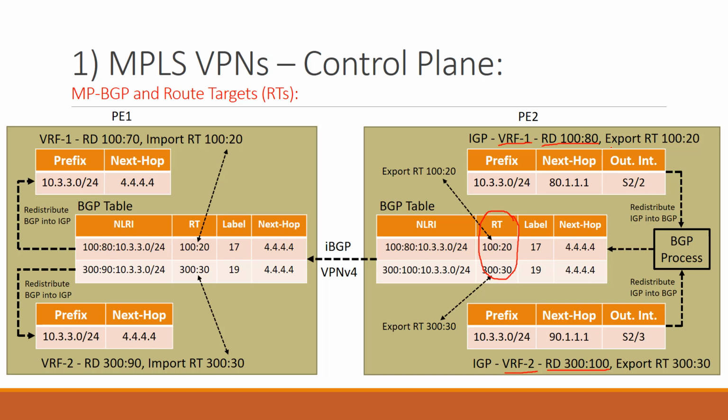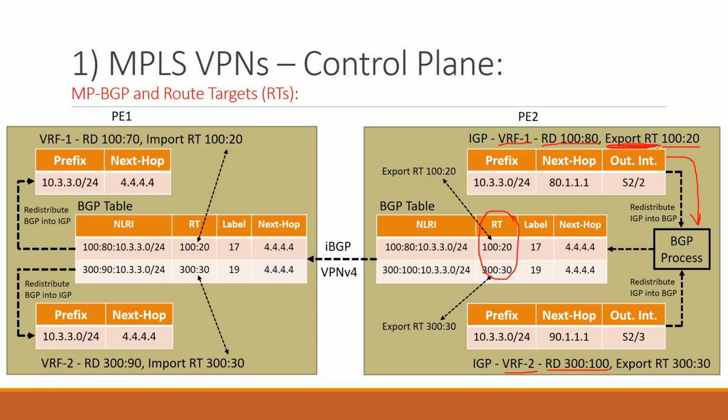Now VRF1 is configured with export route target, and we will see the difference between export and import route target. But here we are using export route target 100:20. What does this mean? Export means when you advertise from IGP into BGP, as you can see here.